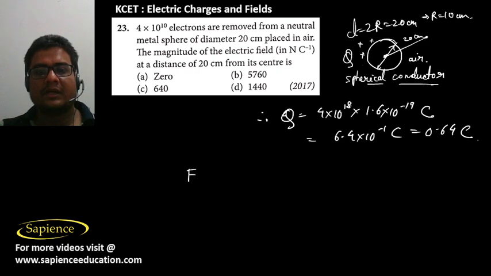The electric field at a distance of 20 centimeter from the center will be kq by r square.